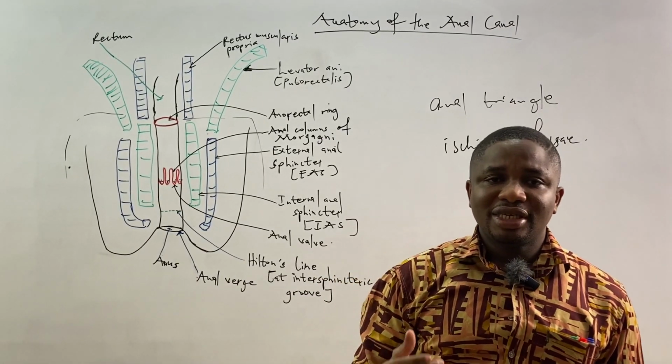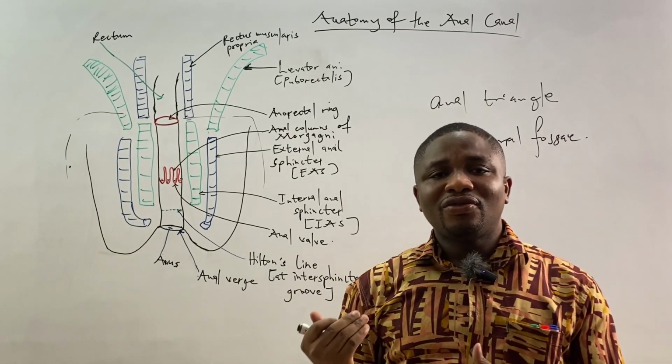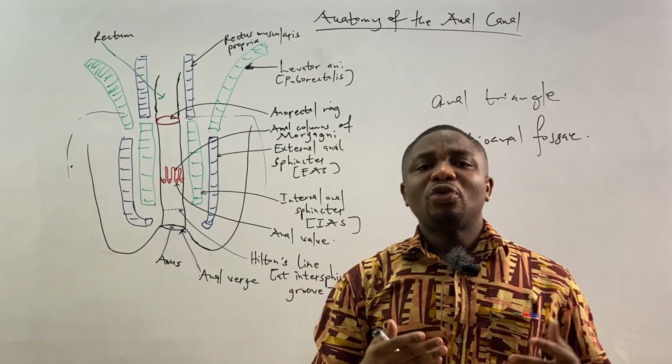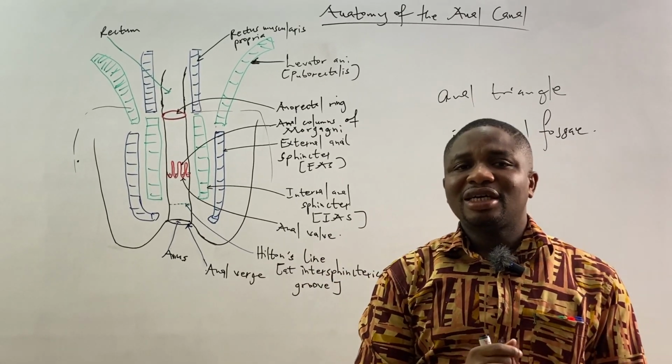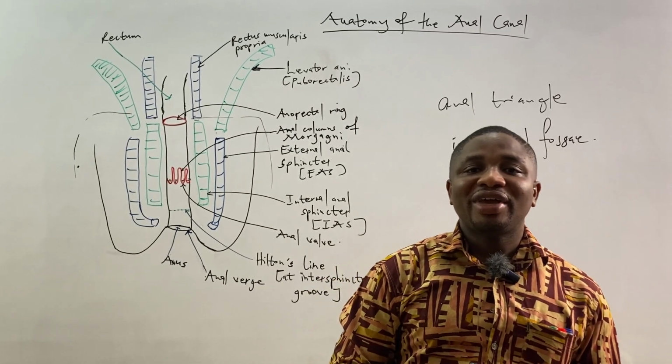As we progress in this tutorial, we will get to know the structure of the sphincters and also what function or role they play. So the anal canal plays a significant role in defecation and the maintenance of fecal continence.